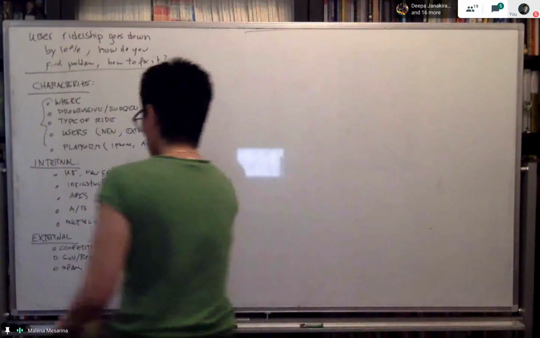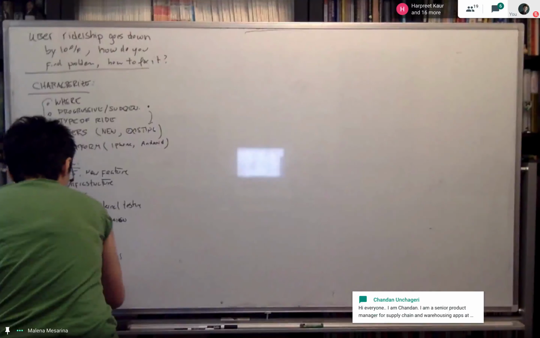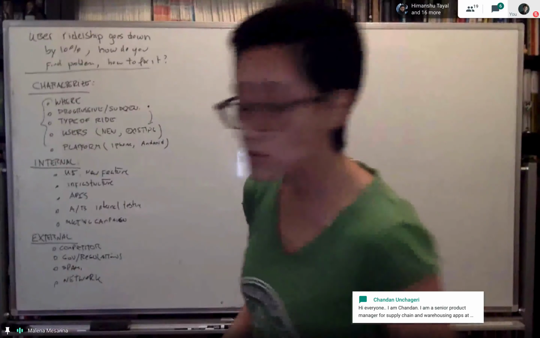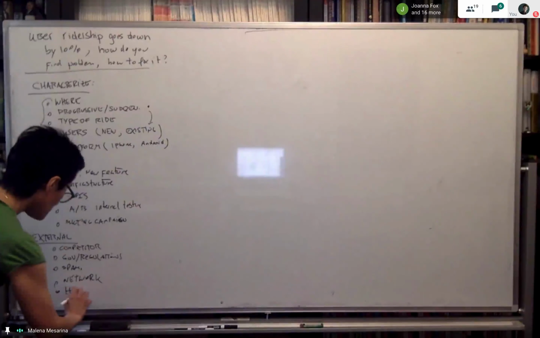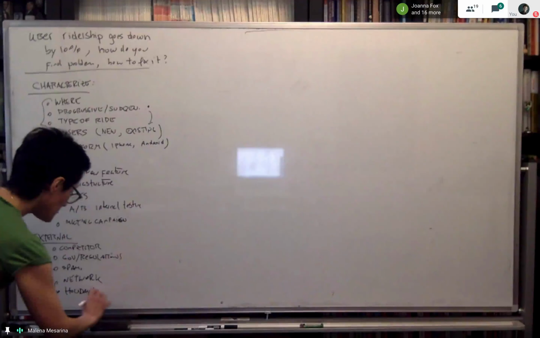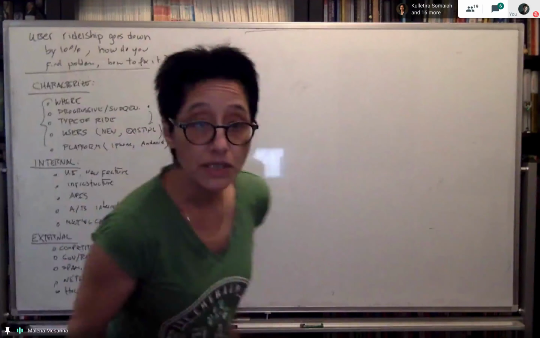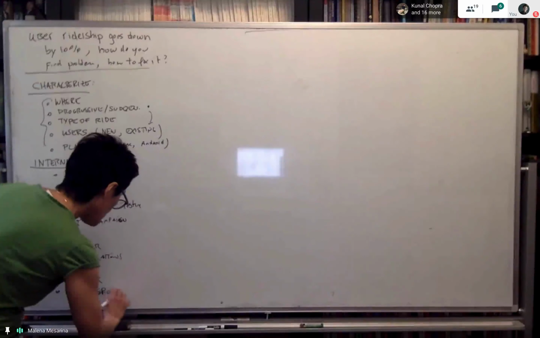It could be an external network failure. And then you can think about external events. It could be a holiday, or for example a sporting event like the World Cup.